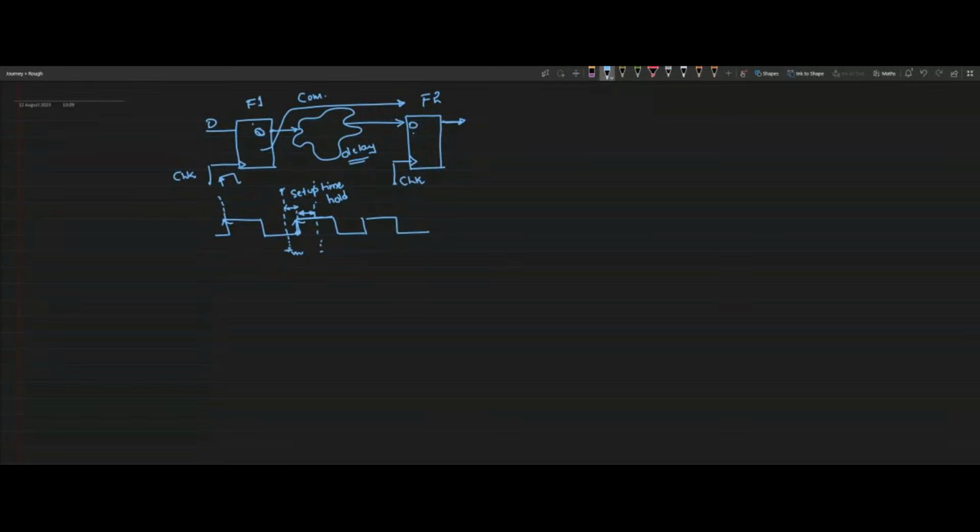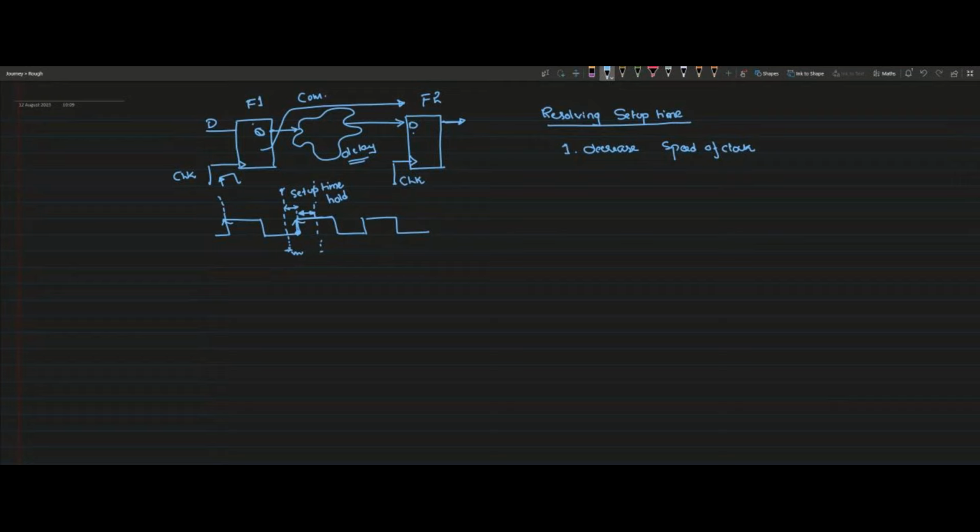For resolving the setup violation, we have two ways. The first way is that I can decrease the speed of the clock.